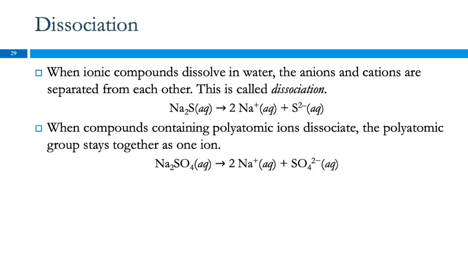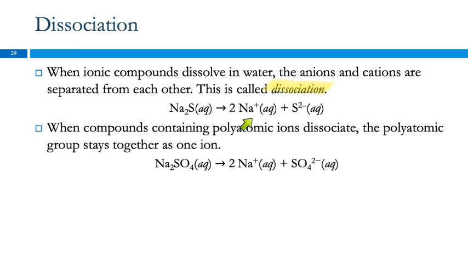When an ionic compound dissolves in water, the cations and anions separate from each other, and that's called dissociation. They dissociate, right? They get away from each other. Here we've got sodium sulfide. This has 2 ions, sodium ions and sulfide ions, and so it separates into those 2 ions. We can predict the charge on the sodium ion because of the periodic table.